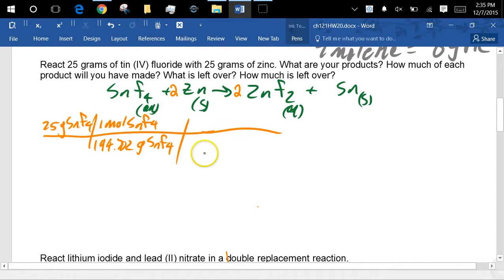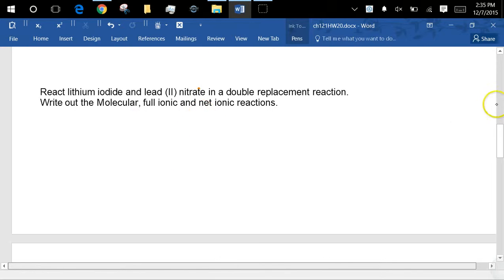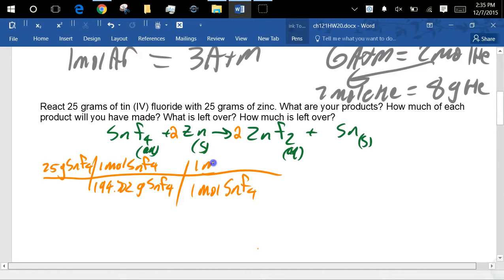And then for every 1 mole of SnF4, I'll do one mole of tin, and then 1 mole of tin is 118.71 grams of tin.